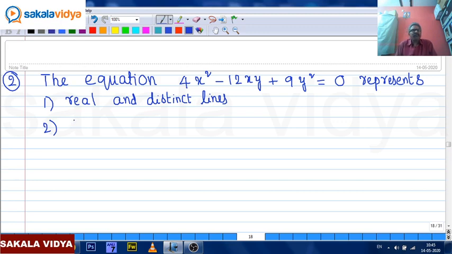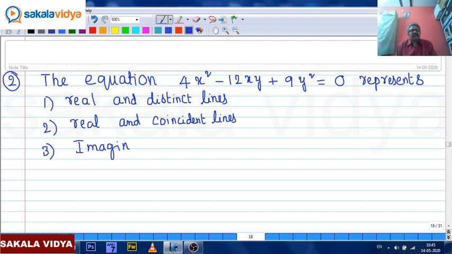Second, real and coincident lines. Third, imaginary lines. Fourth is none.